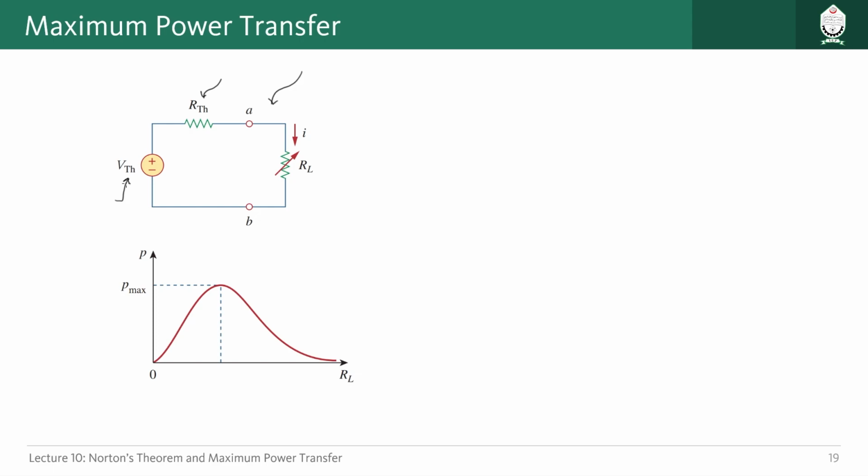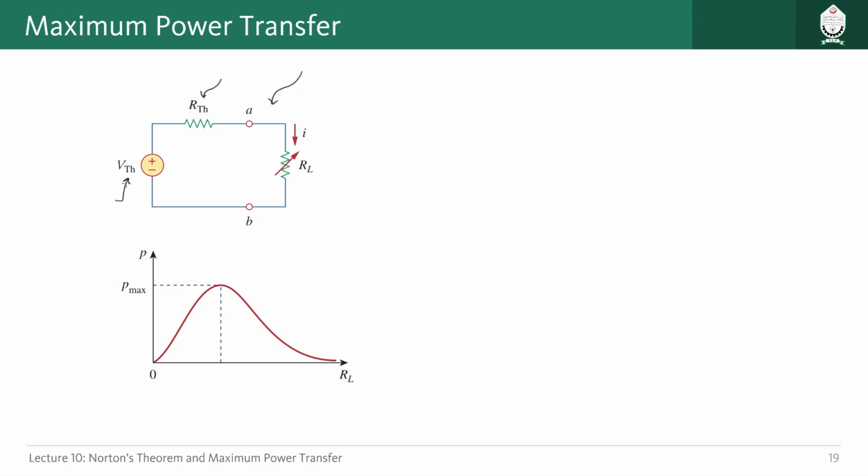We cannot change anything inside of that; what voltage is coming, what the internal resistance is, everything is fixed. So what we can change is our load, and we have to change it so that we get the maximum amount of power delivered to our load RL.